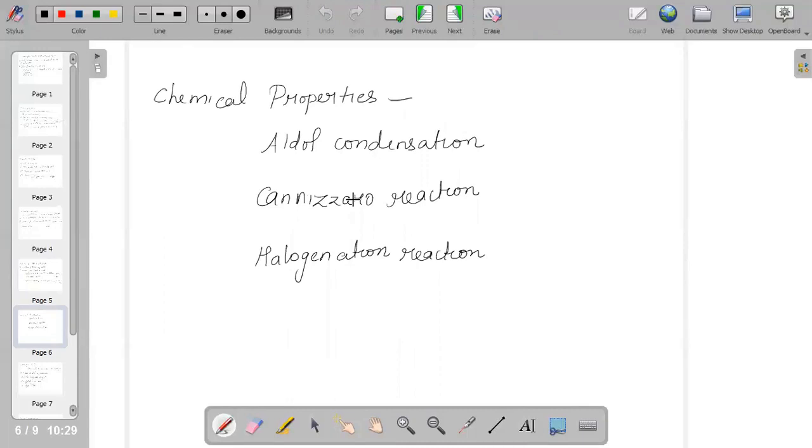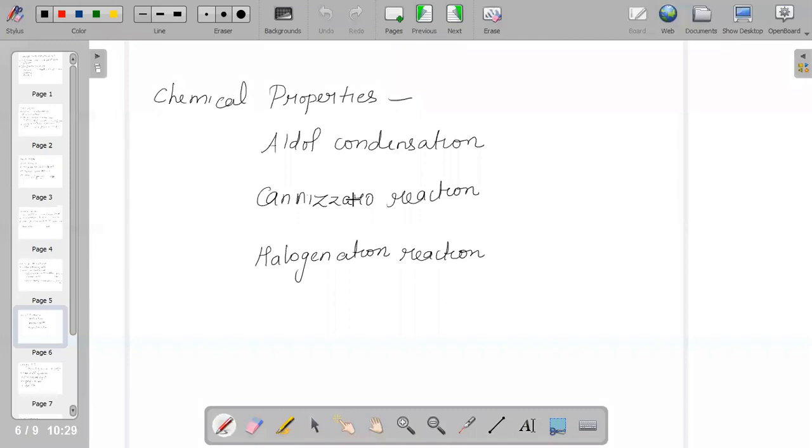And there are different methods of preparation of aldehyde, for example from acid chloride we can prepare aldehyde, and that reaction name is Rosenmund reaction.